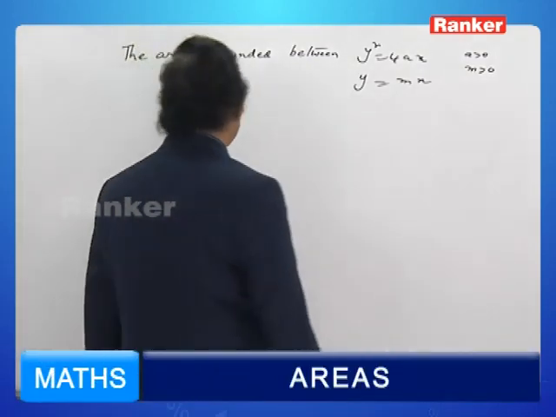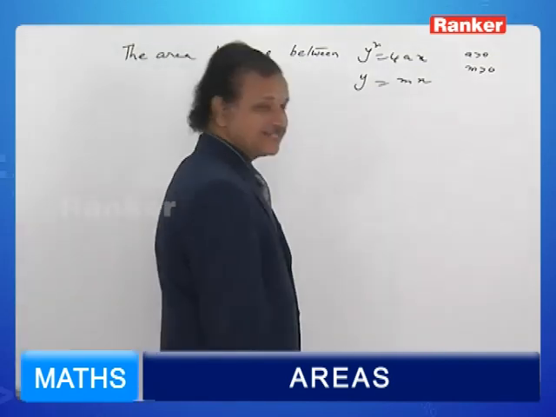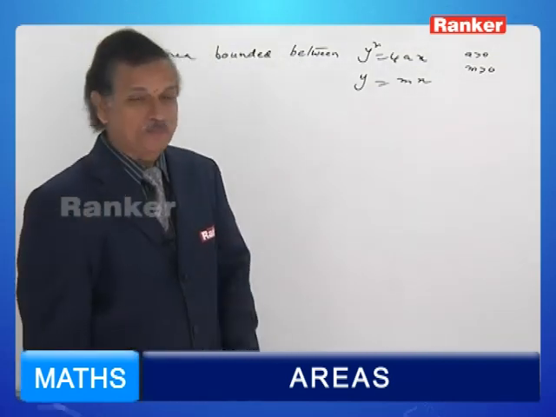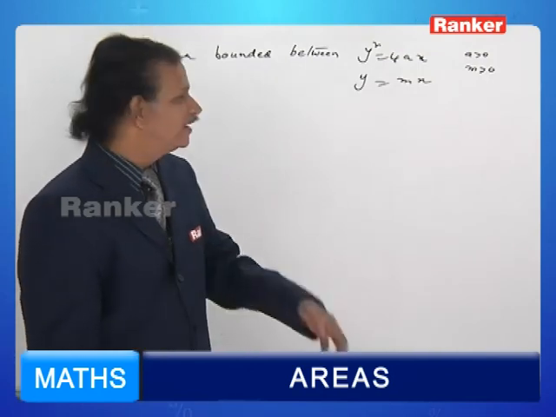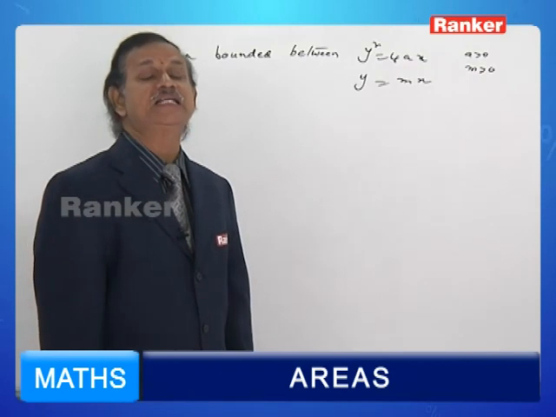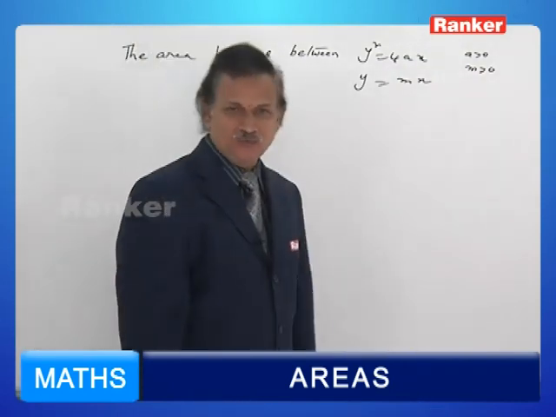Y square is equal to 4ax and y is equal to mx. It is interesting to note, the previous answer was 8a square by 3, you know. Here we will be having 8a square by 3m cube extra. That's all.